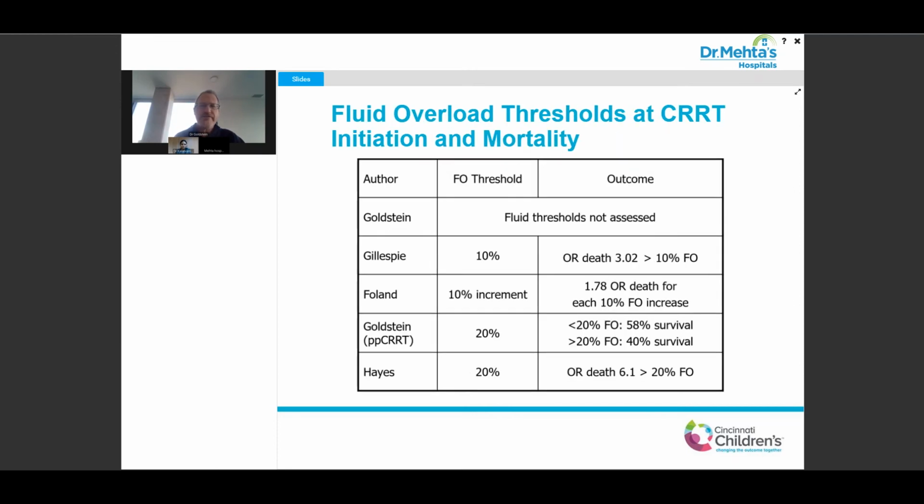And when we looked at different fluid thresholds in these studies of 10 or 20%, it seemed that this was a threshold that really made sense. That patients who got to greater than 20% fluid overload had significantly increased risk of mortality. And so now we try to prevent that degree of fluid overload by starting renal replacement therapy before that.